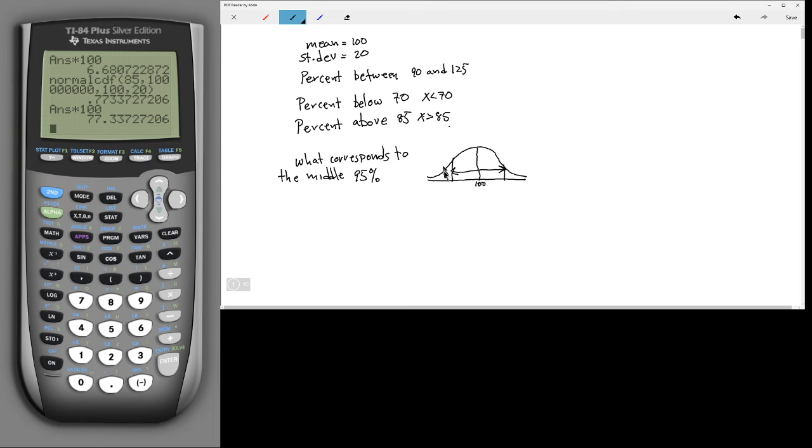That means that 5% of the curve lies in those tails. So half of 5%, or 2.5%, lies in each tail, 2.5% in each one of these tails.